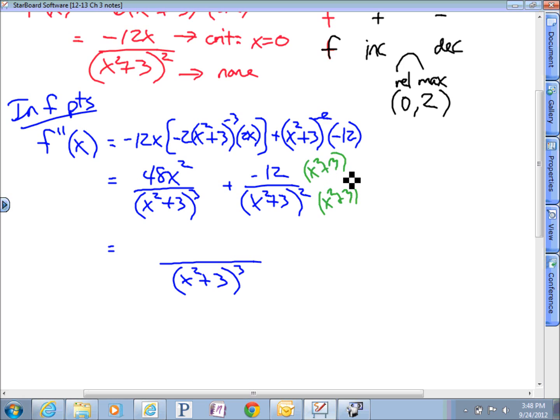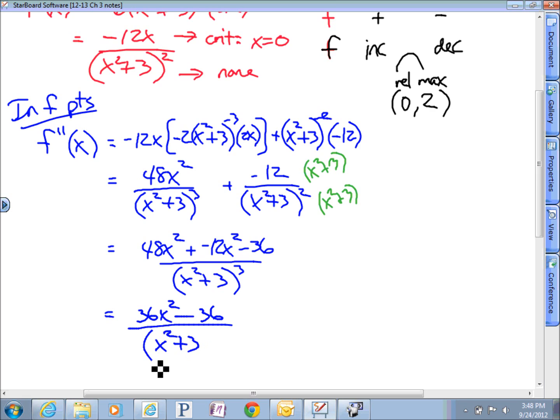So I've got 48x squared from the first fraction, plus, let's distribute that 12 to the x squared plus 3, negative 12x squared minus 36. And if we clean all that up, how about 36x squared minus 36 over (x squared plus 3) quantity cubed.